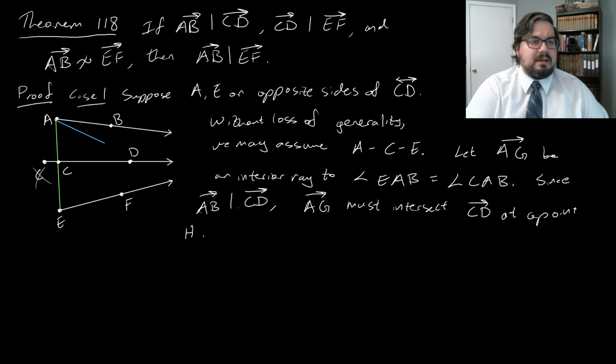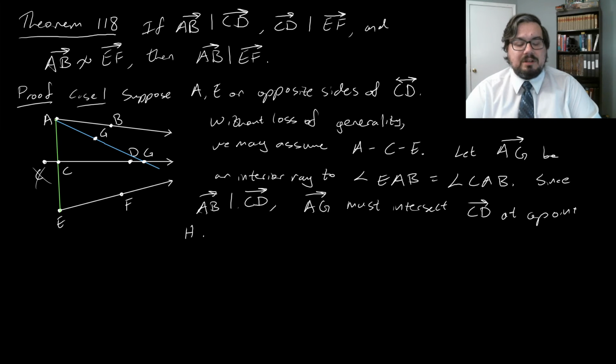So, because the ray AB is critically parallel to the ray CD, this interior ray AG that we've got must intersect the ray CD at some point.